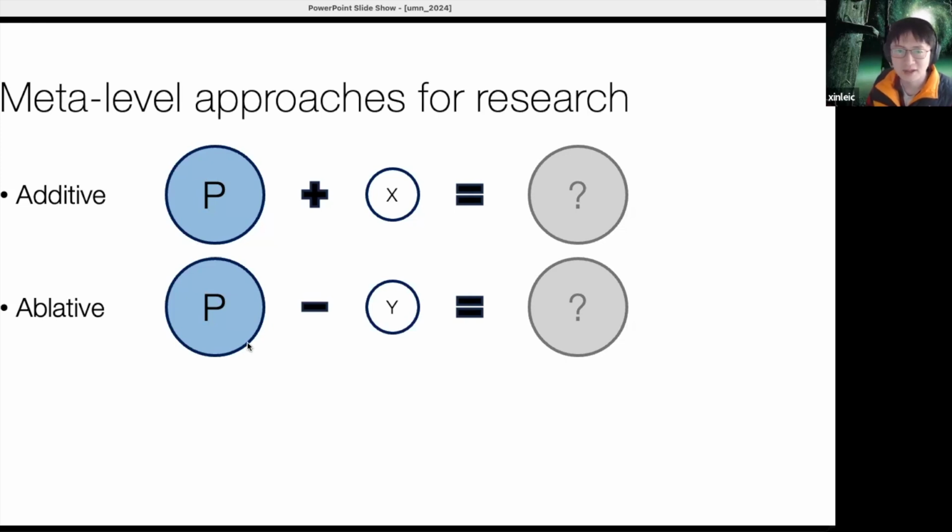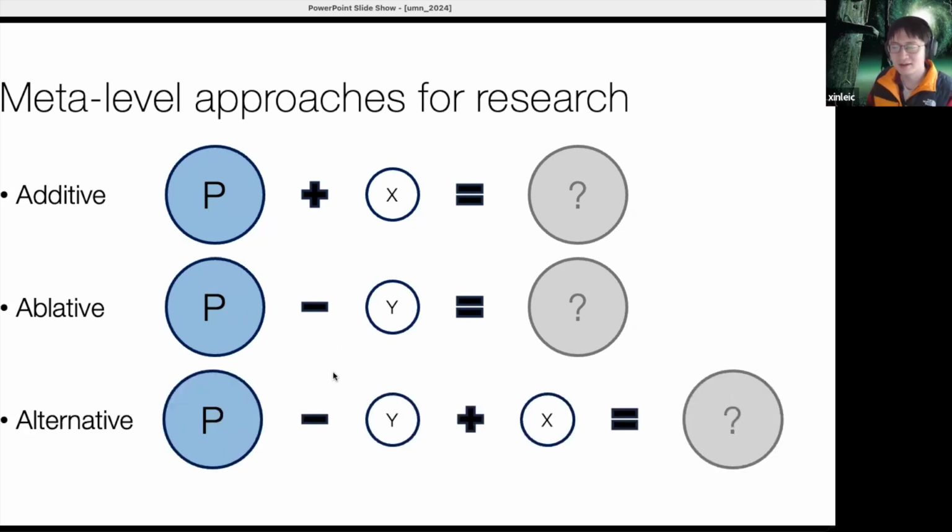So instead of plus, it's minus. And the third one is actually a combination of the two. So I call it alternative because it replaces one thing with another thing. So it's both a plus and a minus. I'll go into the details of what I mean for each of them next.